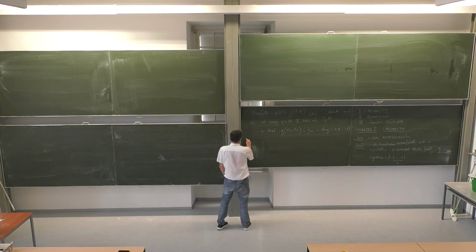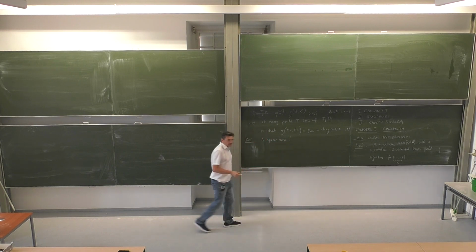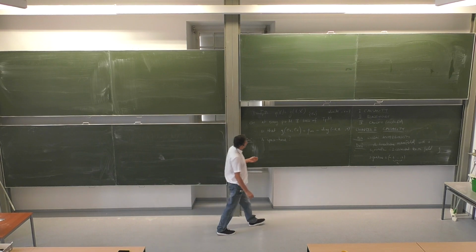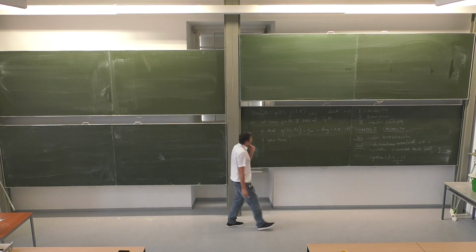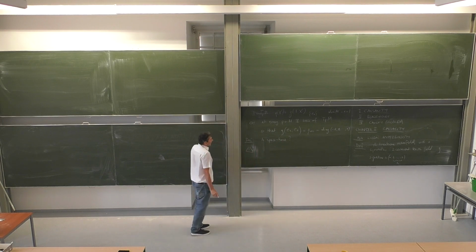And what is a space-time? Before I go to space-time, I need to define a time orientation. Before I define a time orientation, let's look at something called the causal character of the vectors.